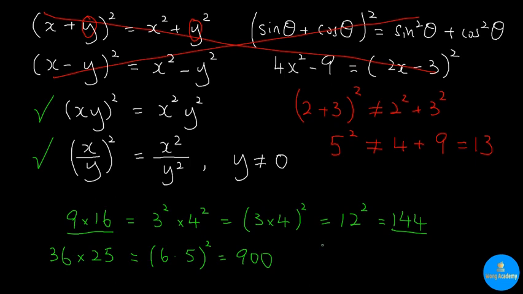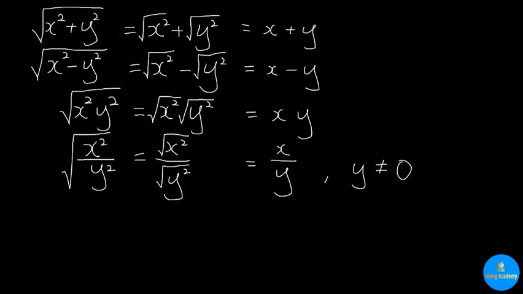Or we can also rewrite 8x cubed over 27 as 2x over 3 all cubed. This is because 8 is 2 cubed, 27 is 3 cubed, and both of these equations are correct even when we replace the power 2 by other powers, such as 3.